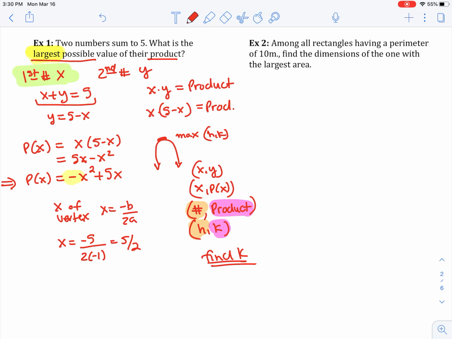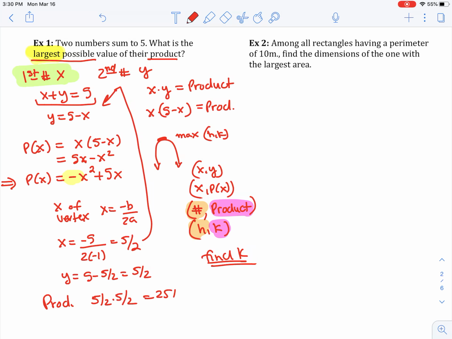And if our x is 5 halves, we can go back and we can solve for our y value. We can find our second number if we come back over here. And so our y is equal to 5 minus x, or 5 minus 5 halves, and we get 5 halves. So that means that our product is 5 halves times 5 halves, or 25 fourths.